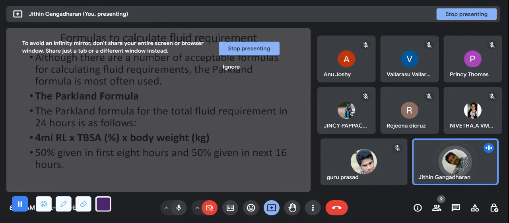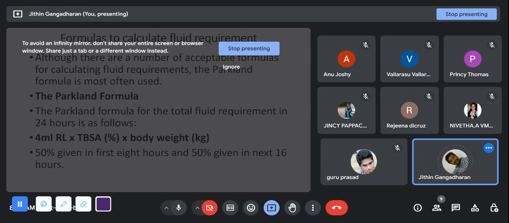Parkland formula for total fluid requirement. This calculation is for 24 hours: 4 ml of ringer lactate into TBSA. What is TBSA? Total body surface area affected. Suppose the patient has 30 percent burns and the body weight is 70 kg. Then what will be the equation?